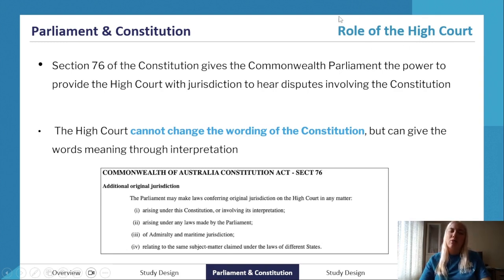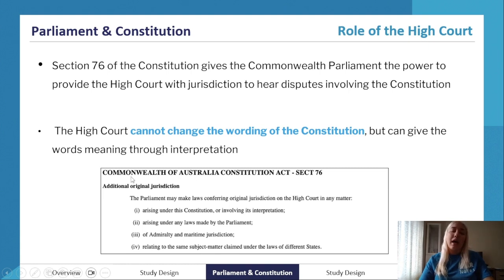This means that the High Court isn't like every other court that has that role in statutory interpretation, where we just interpret acts or statutes, so statutory law, to decide what was meant by that legislation to help decide disputes. But the High Court has additional roles, and when it comes to interpretation, not of statutes, but actually the Constitution, to help resolve disputes.